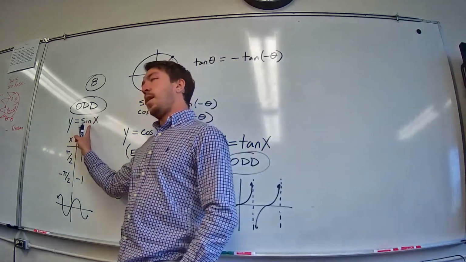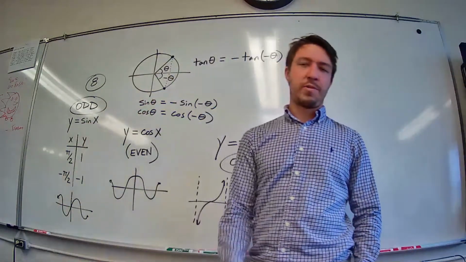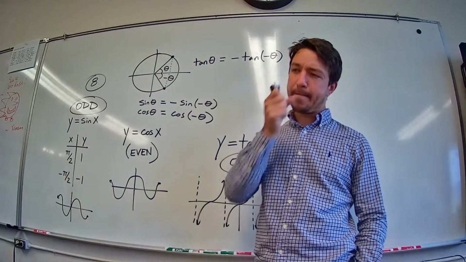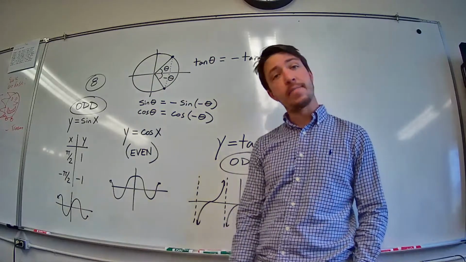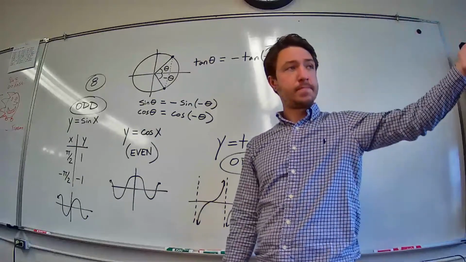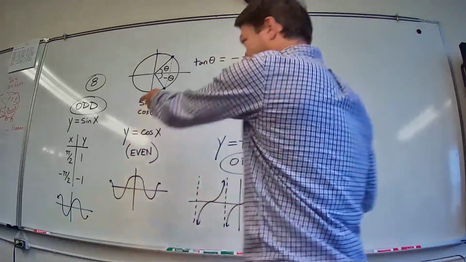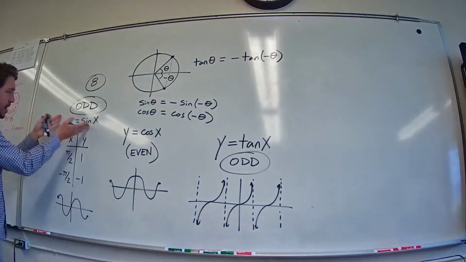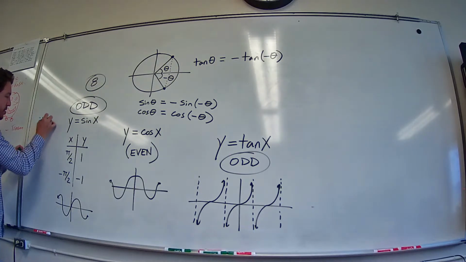if this guy is odd, what other function would have to be odd? Secant, very good. So secant is the reciprocal of sine. So I might just do this in green, like right nearby, because sine and secant are like best friends, right?